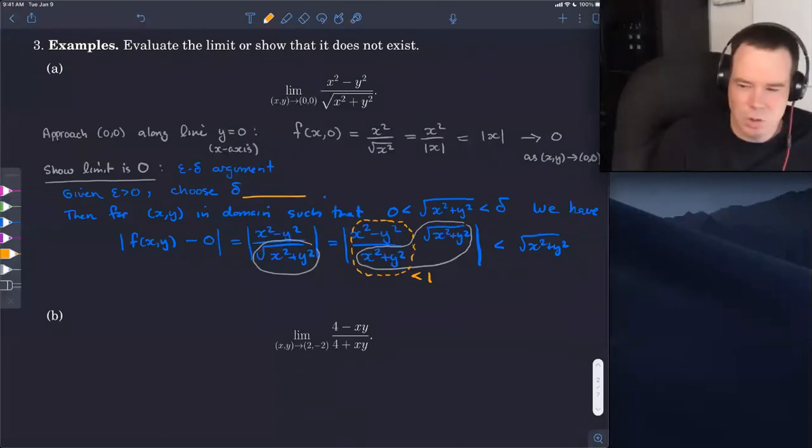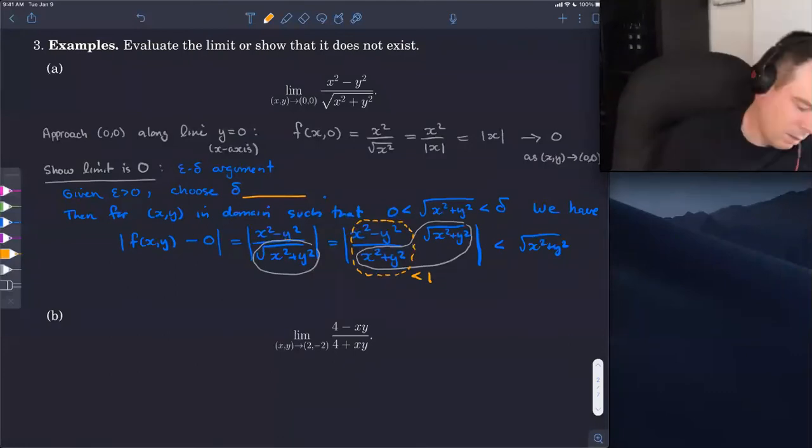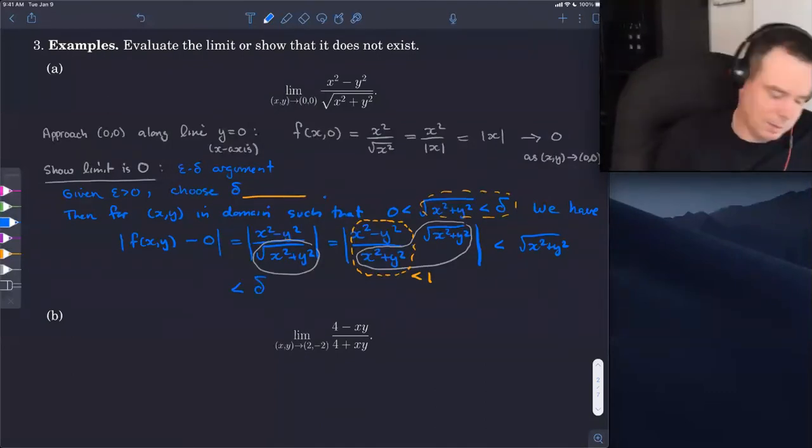What I'm trying to show is that this function value is within epsilon of 0. So I'm trying to show that this whole quantity is less than epsilon. Right now, I've got that this whole quantity is less than the square root of x squared plus y squared. And I know that the square root of x squared plus y squared is less than delta. So I know that this thing is less than delta, and I want to show that that's less than epsilon.